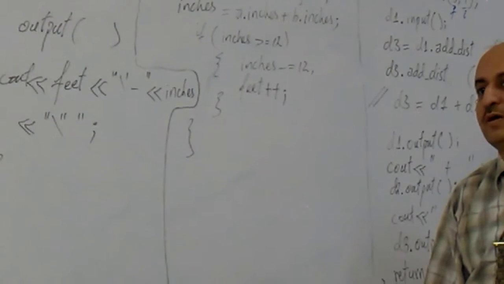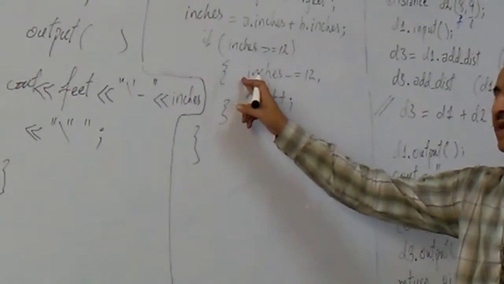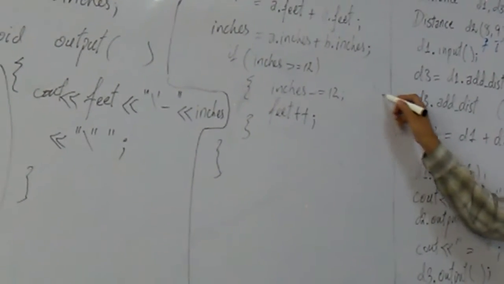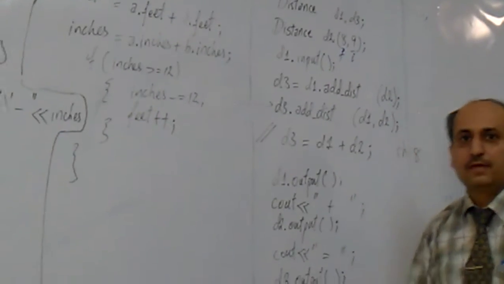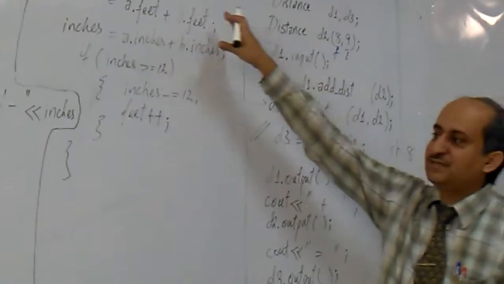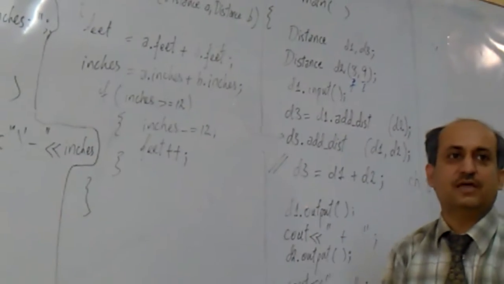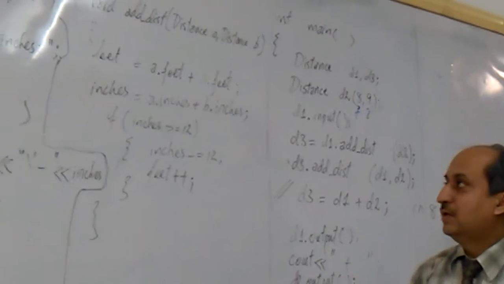Where is our answer stored? It is stored inside the calling object, the object which is calling it. This is the function call, and we have implemented this function successfully inside the definition of the distance class.